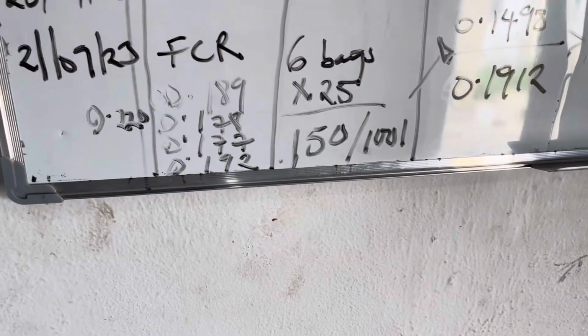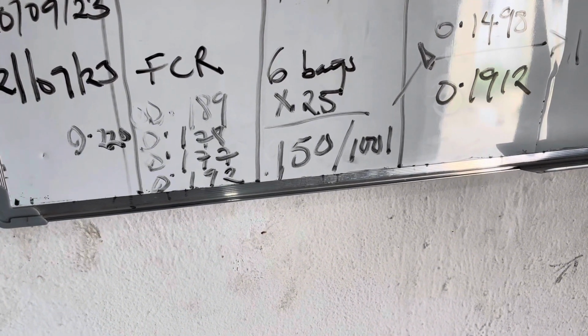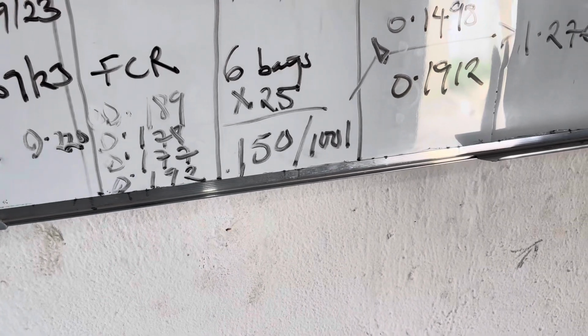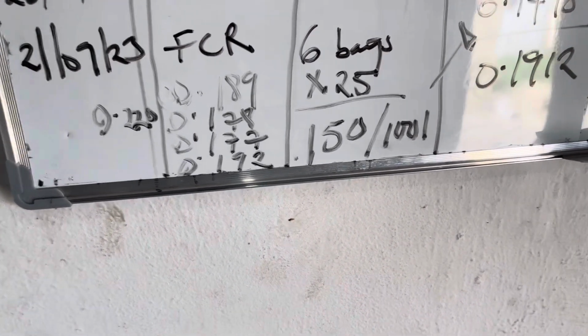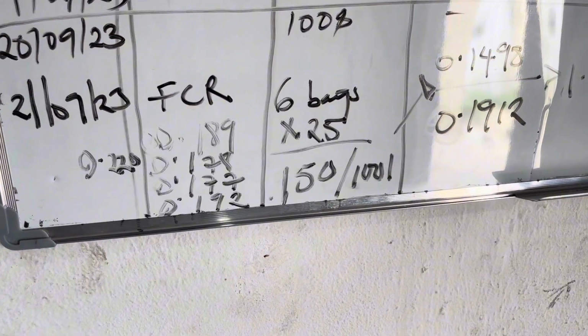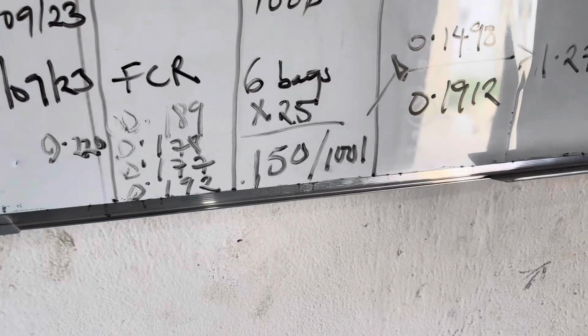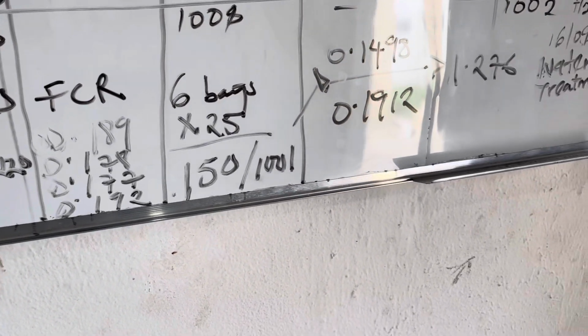You can buy your feed on time and store it, especially at this time that the prices of feed are going up in Nigeria, especially where we stay. In fact, generally in Nigeria, the prices of feed are just skyrocketing. So this is how to calculate your feed conversion ratio.